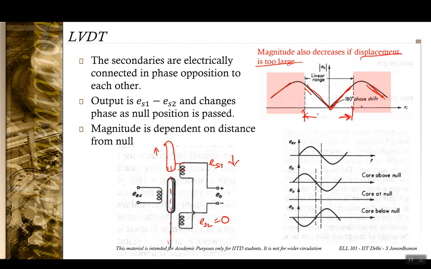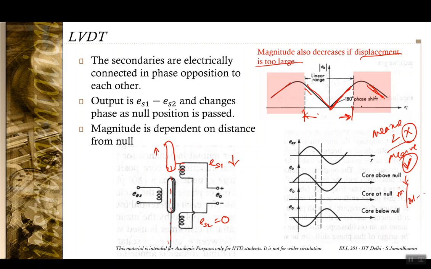And note that we are not measuring L, we are measuring a voltage V, though it's an AC voltage. So we are measuring a voltage. We will also measure whether it is in phase with the input or out of phase of the input.